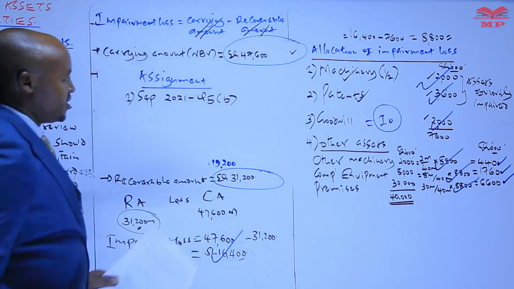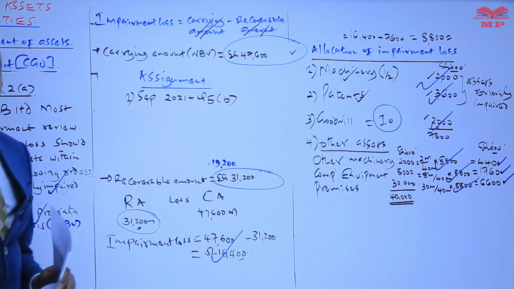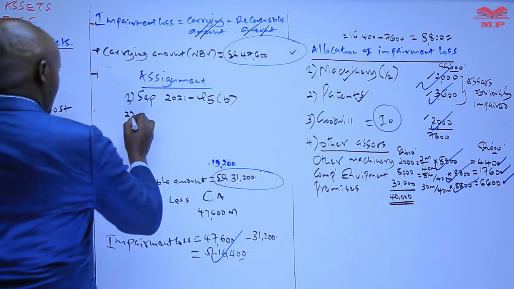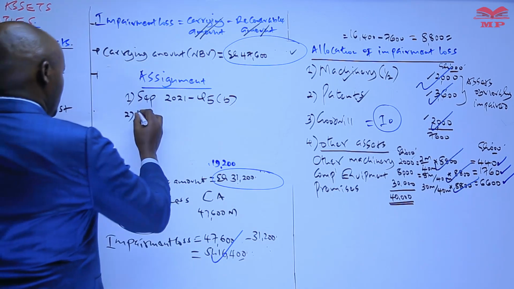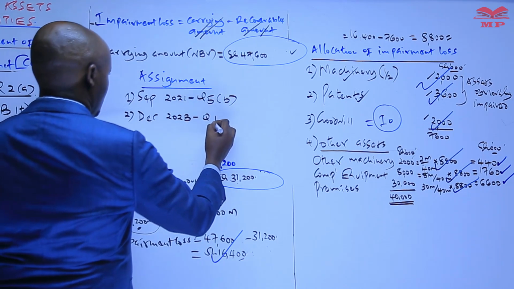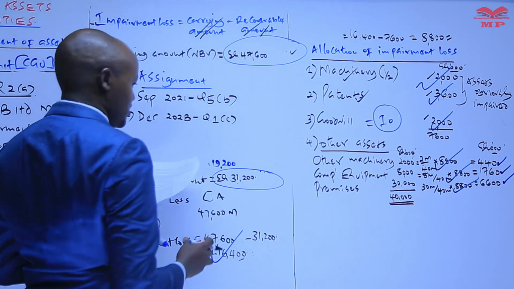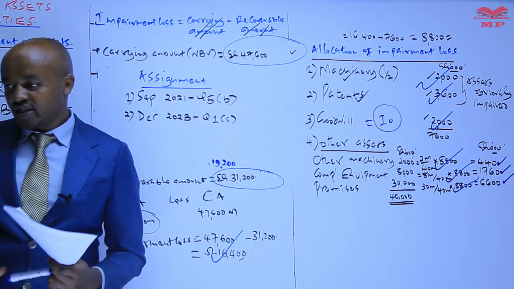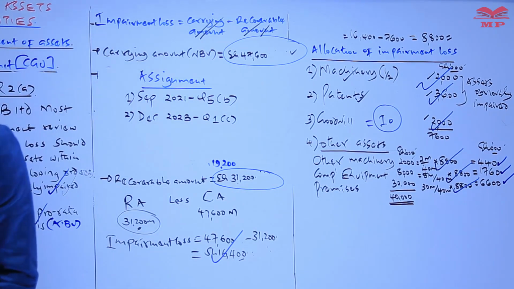This question was requiring the computation of impairment loss for 2 cash generating units. And then we have another question for December 2023, which is question number 1C. So make sure you attempt those 2 questions.